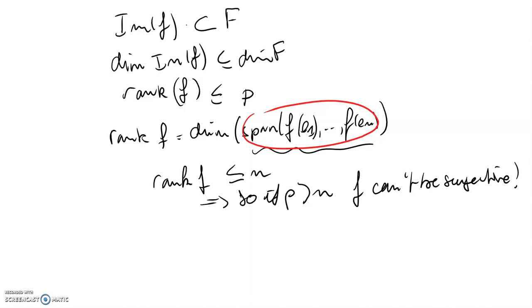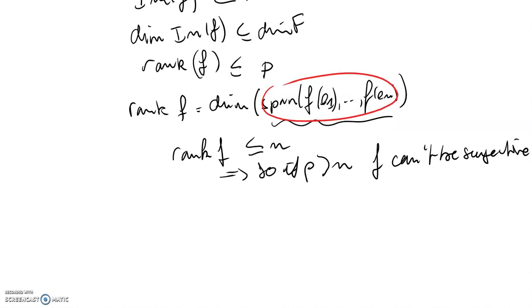That's one thing. The other thing was, well, what's happening when the rank of f, so the dimension of that spanning family, is equal to p? Well, that's again just using the Grassmann formula. You've got this spanning family spanning a linear subspace of dimension p, and using the Grassmann formula, the only linear subspace that has the same dimension as the space is the space itself.